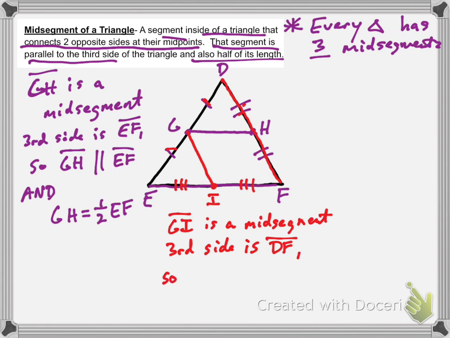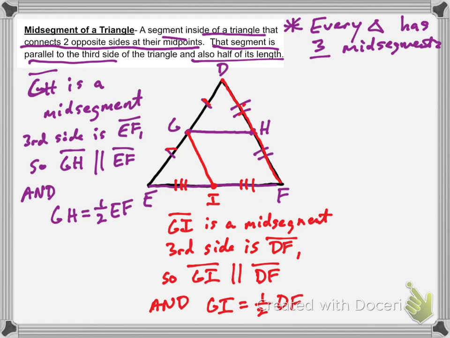That means that GI, the midsegment, is parallel to DF, and the length of GI is half the length of DF. So same rules, just a different midsegment.